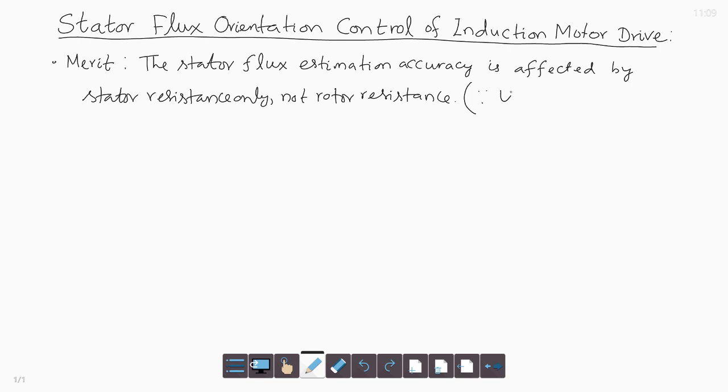Since stator flux is integral of (Vs minus Rs Is) dt, stator flux estimation accuracy is unaffected by rotor resistance variation.